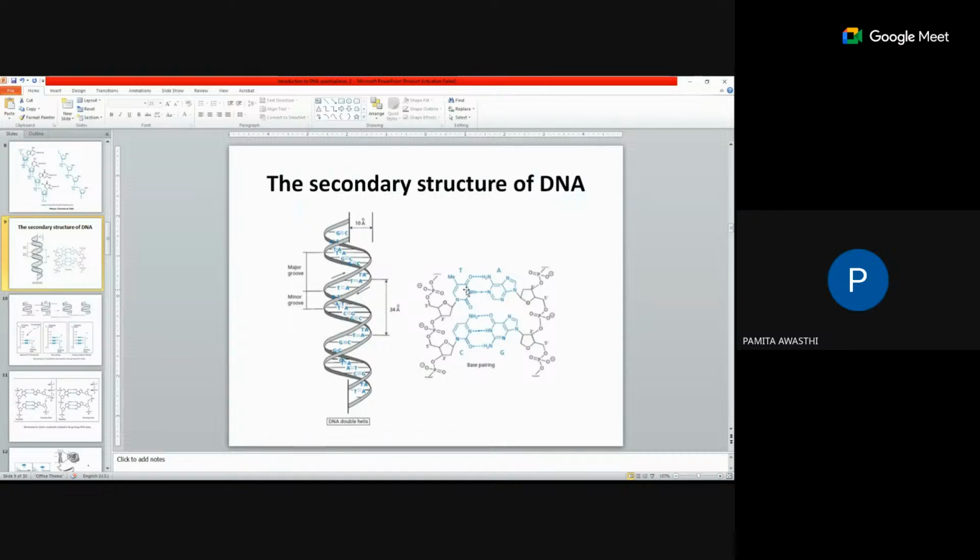Adenine pairs with thymine and cytosine pairs with guanine. In cytosine-guanine pairing, we have 3 hydrogen bonds; in adenine-thymine, we have 2. A bicyclic base is always linked to a smaller monocyclic base.